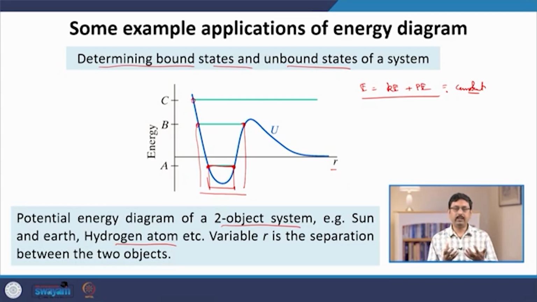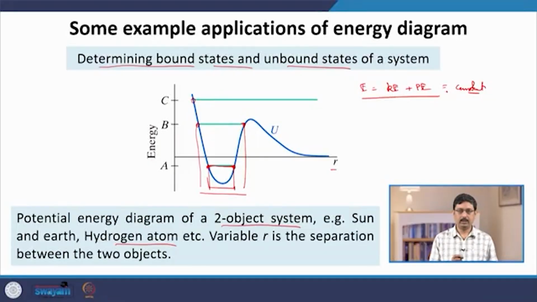Just by making this potential energy diagram, it is very easy to understand the nature of the motion of your system in a qualitative way. For example, if you consider the earth and sun system, it means that the motion of earth is bound around the sun.